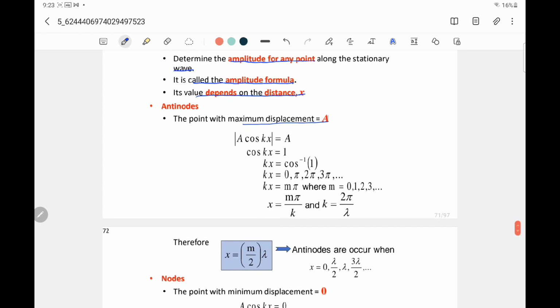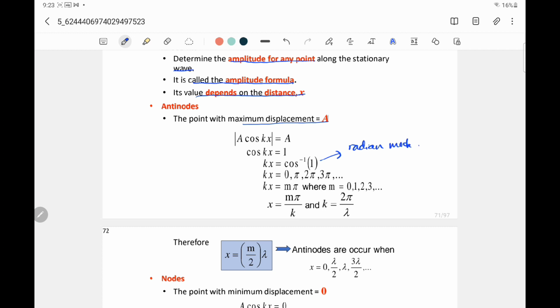So we have a cos kx equal to a, so cos kx equals 1. So kx equals shift cos 1. Remember to press your calculator and make sure your calculator is in radian mode.